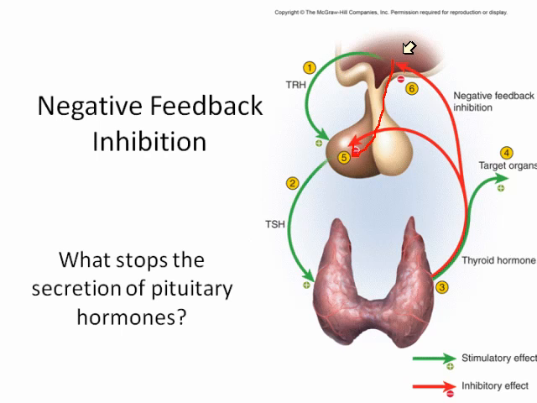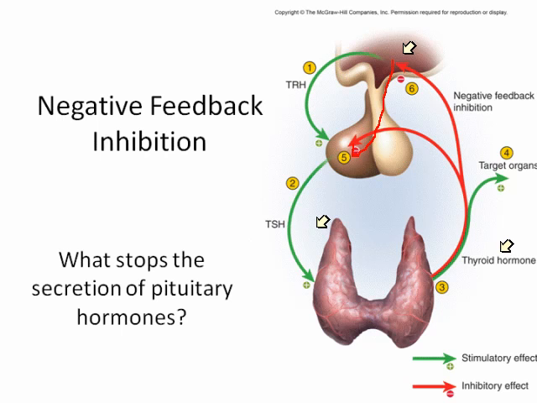From the anterior pituitary, the thyroid releasing hormone is going to control the release of thyroid stimulating hormone, as we already mentioned, which will then be released into the circulatory system and travel its way to the thyroid. The thyroid will then release thyroid hormone, TH, where it will go ahead and travel to its target organs, wherever that may be throughout the body. We don't care about that. That's separate from what we want to know.